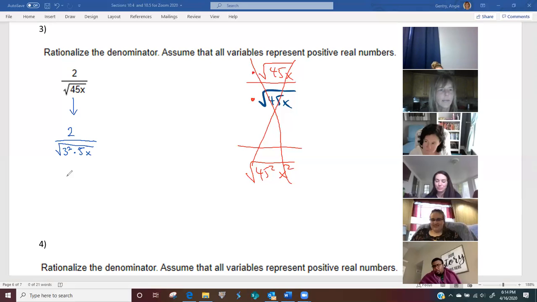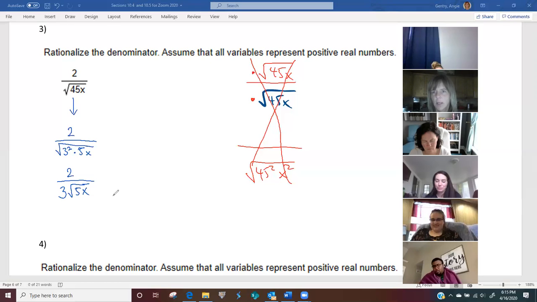Okay, so we're good. And then we have a 2 over 3 square root of 5x. If you do it this way, you will keep it manageable because now you're going to say, hey, I need to get something out from under there. I've got to make that radical disappear. What should you multiply everything by? Square root of 5x. Very good.